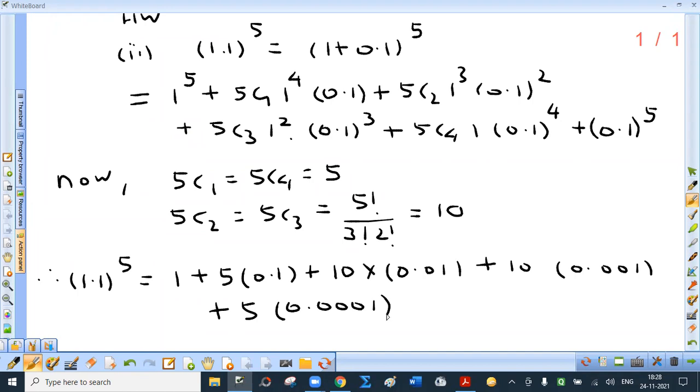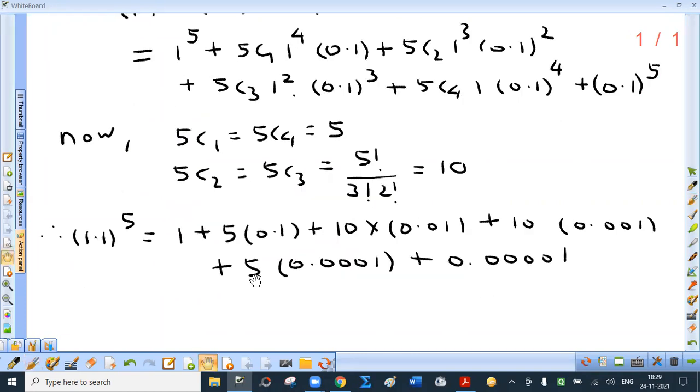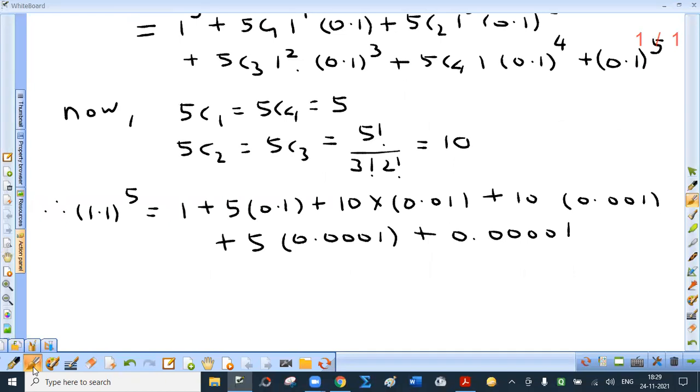Finally, how many knots? 4 knots. To be very careful, 0.4 knots 1 is actually 0.1 raised to 5. So this is 1 plus 0.5. Please check this. Plus 0.1, is it? Plus 0.01. Be very careful. 0.0005.